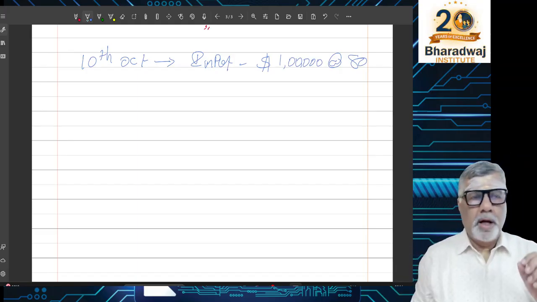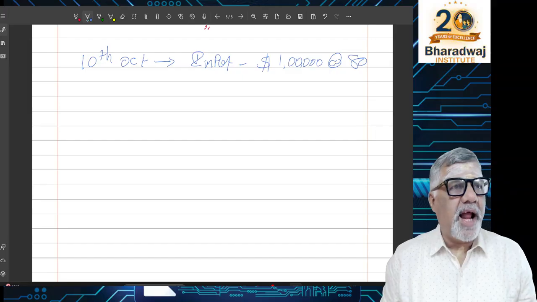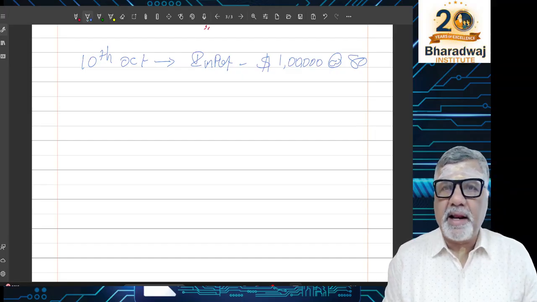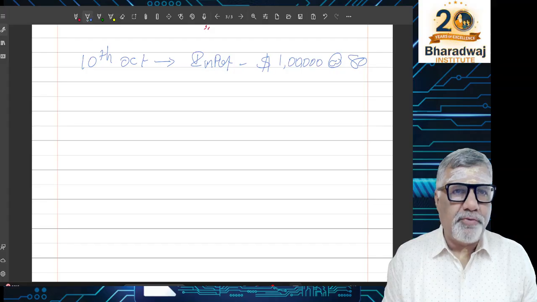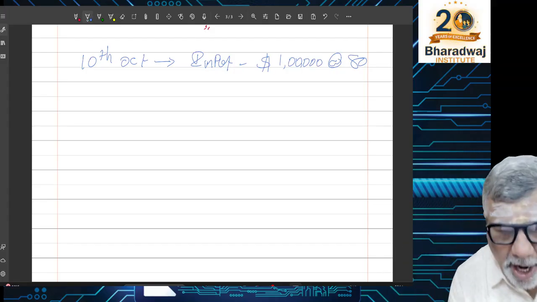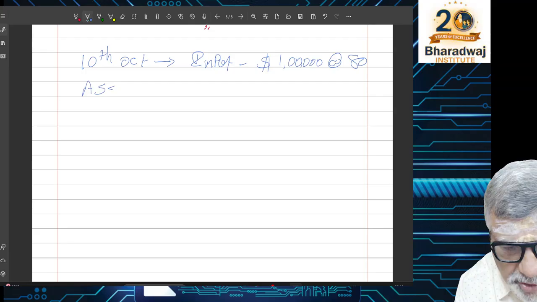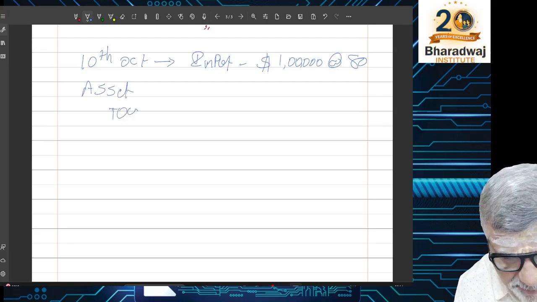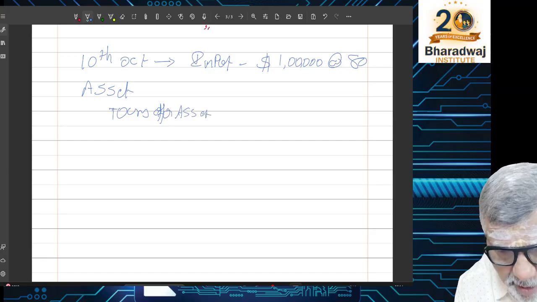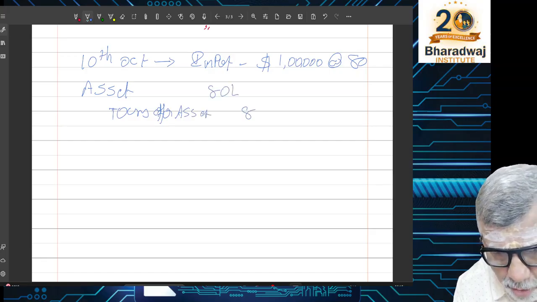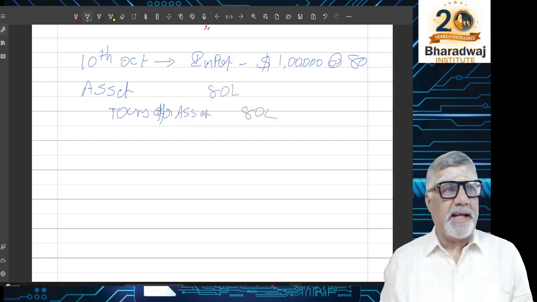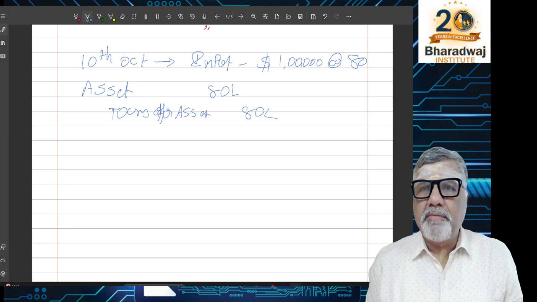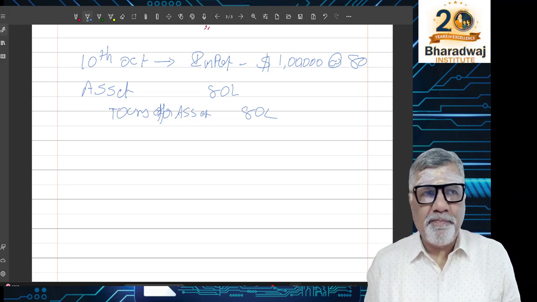We call this the transaction date rate, the rate prevailing on the date of transaction. In our books and in income tax, asset account debit to creditors for asset, 80 lakhs, both in our books and as per IT law.